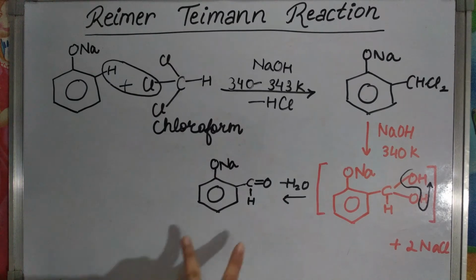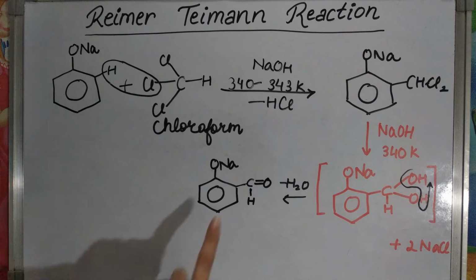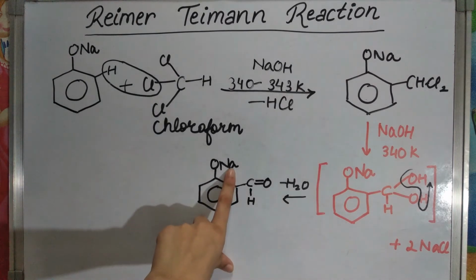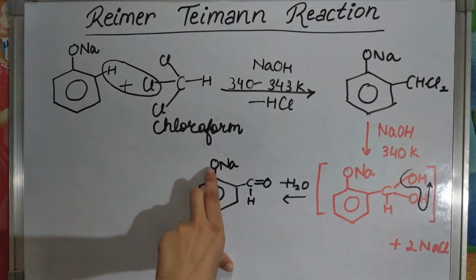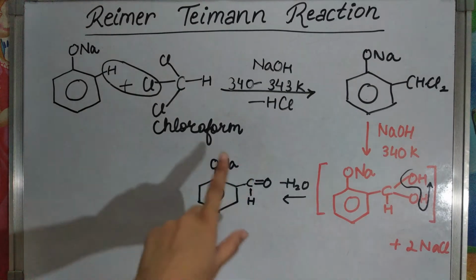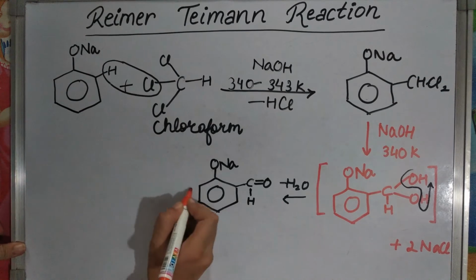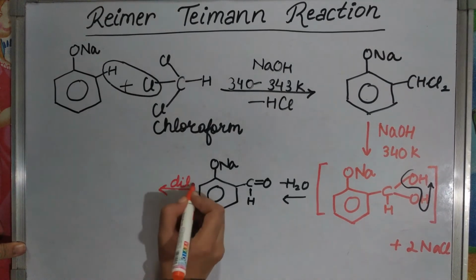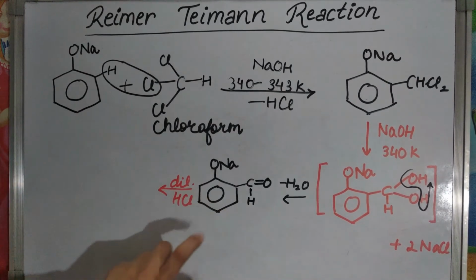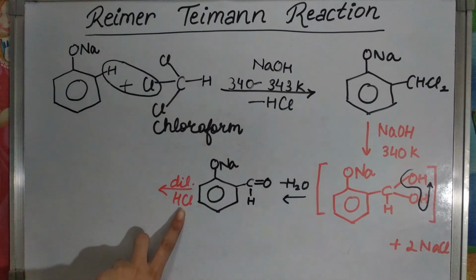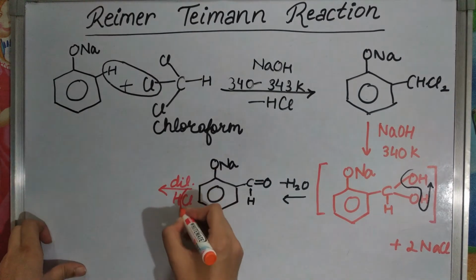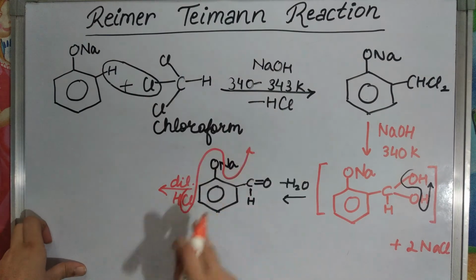You may see that this molecule is similar to salicylaldehyde. The only difference is we have Na here in place of hydrogen. If here would be OH, then it would be salicylaldehyde. To convert it into salicylaldehyde, we will put dilute HCl to it, right? When we add HCl, sodium chloride is removed from here.